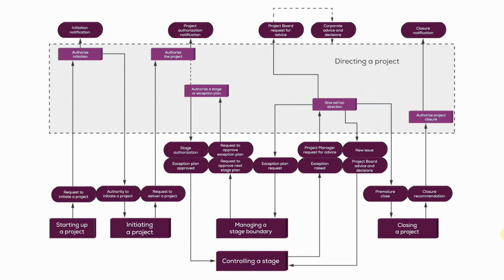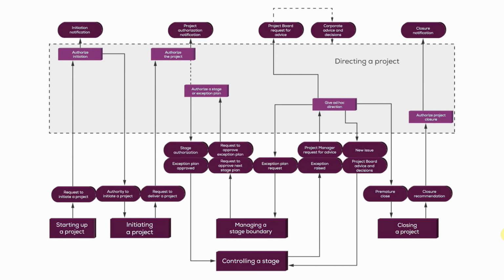Each of the activities is indicated and named, and there are 5 different activities that make up the process. You'll also notice that this diagram is a little busier below and above than some of the others, because there's a lot of interaction between the other processes in the PRINCE2 method and the directing a project process. But bear in mind that the interactions shown here are only between the directing a project process and those processes, and not between those processes themselves.